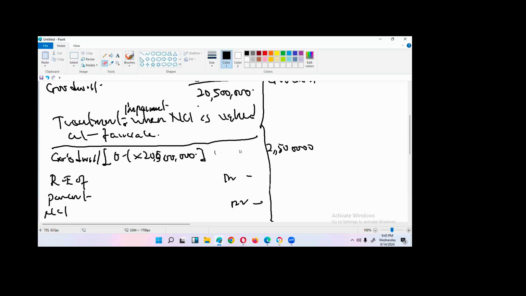Please clarify something. Yeah, I'm listening, sir. I thought that if there's impairment of goodwill, NCI and parent will share it as per group structure. Yes, you are right, provided it is fair value.